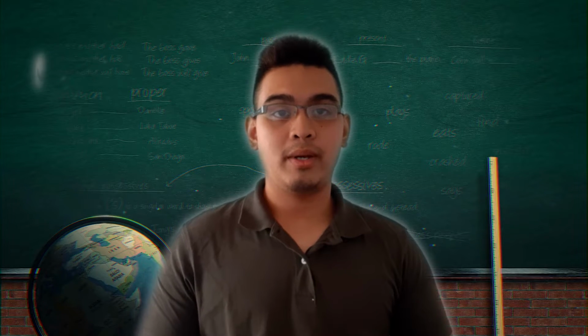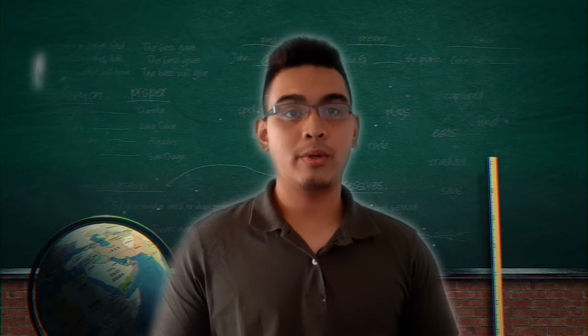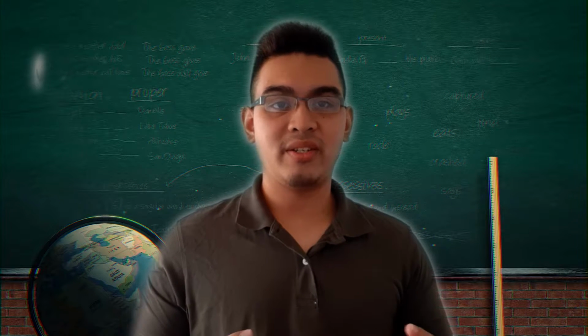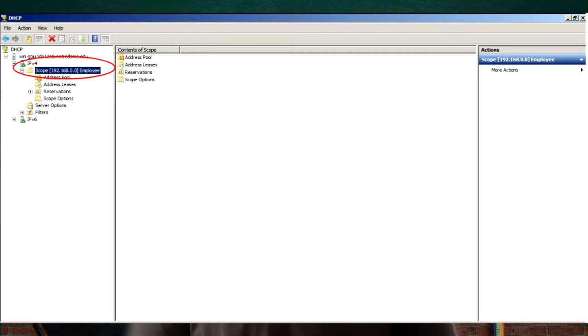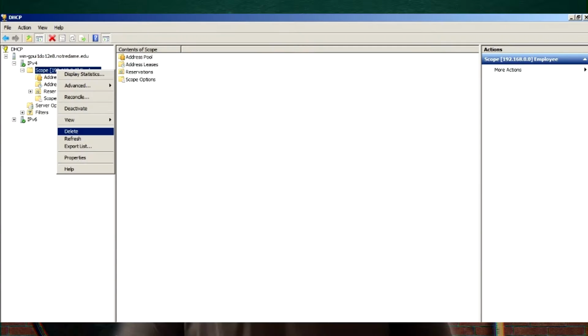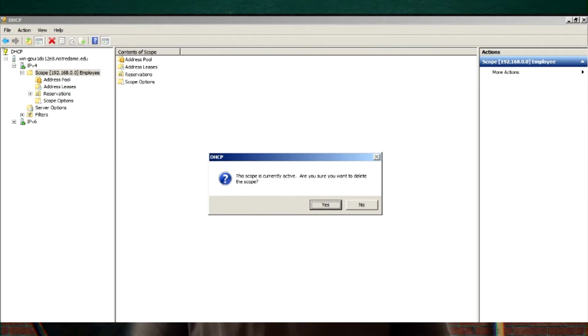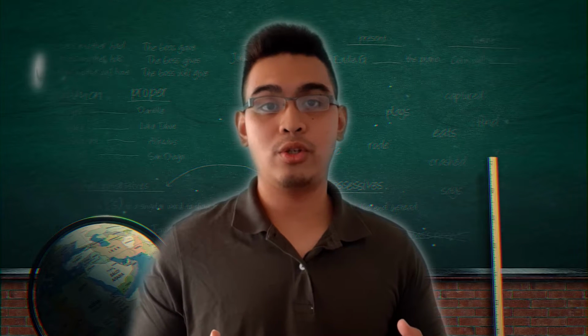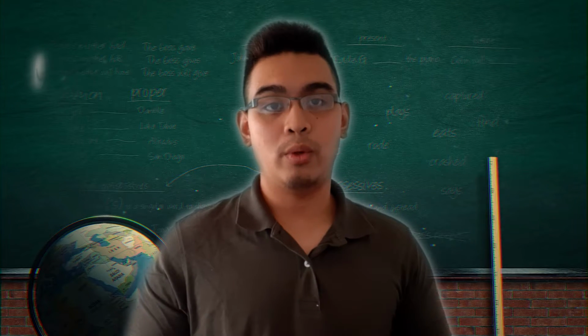The first step in managing your DHCP server is going to your Start menu, then clicking Administrative Tools, then DHCP. A menu will pop up that will list the scopes that you already have in your DHCP server. So right click the existing scope and delete it, because for this tutorial we're just going to expand your knowledge about scopes and the IP addresses that your fresh new workstation or your network will be using.